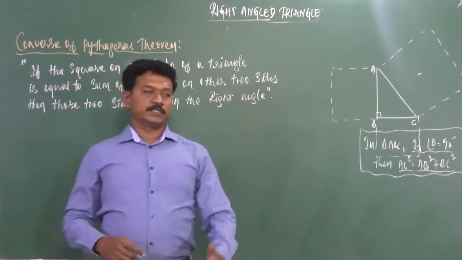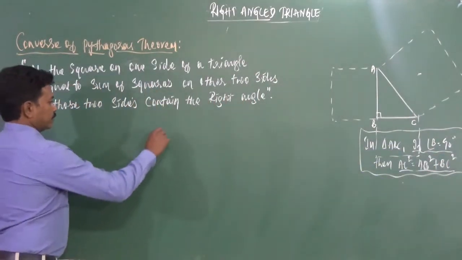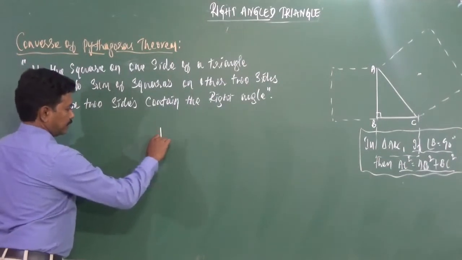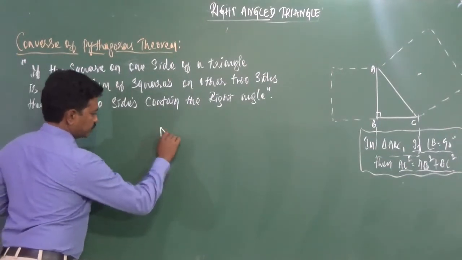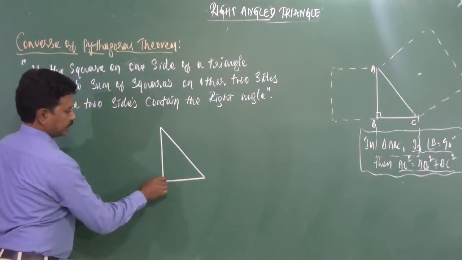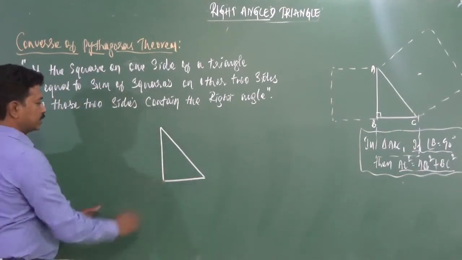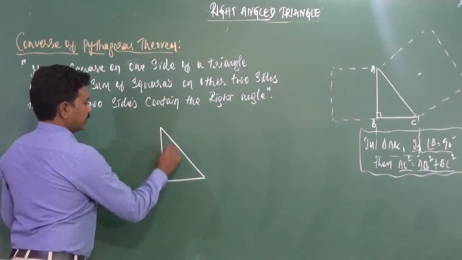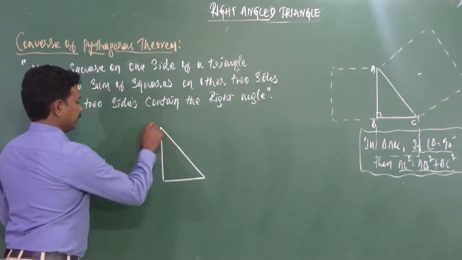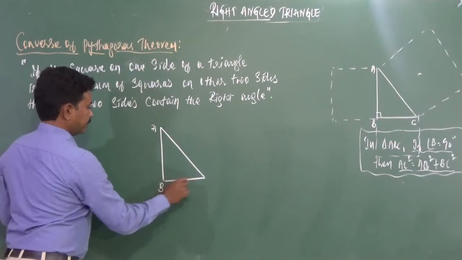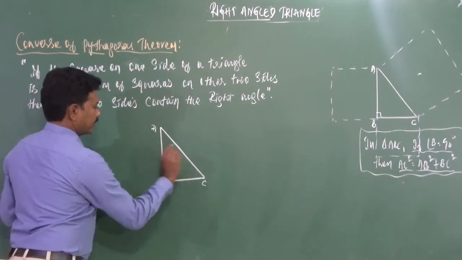How it goes is very simple. Imagine a triangle. I am not going to mention that it is a right angle triangle. I don't know what type of triangle it is. It is just a triangle, and I just know that this is the longest side. If you take it as ABC, AC will be the longest side.